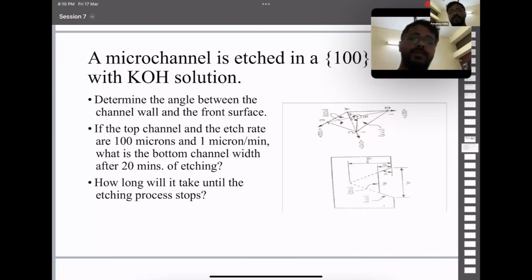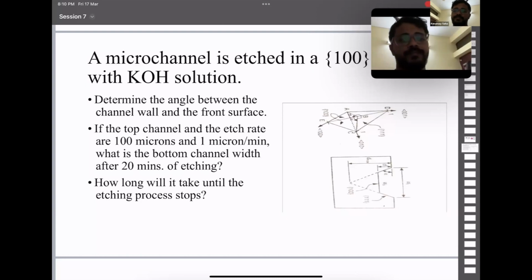Because AB and AC are perpendicular to each other, tan inverse of AC by AB gives you the angle alpha. AC is given as 1, as you can see from the diagram, and AB is root 2 by 2, so the angle is tan inverse of 1 by root 2 by 2, which gives you 54.74 degrees.